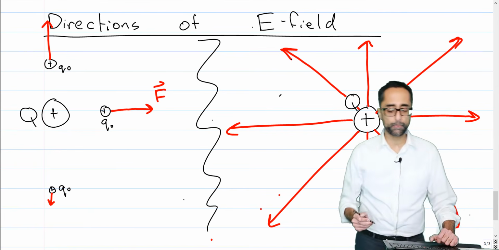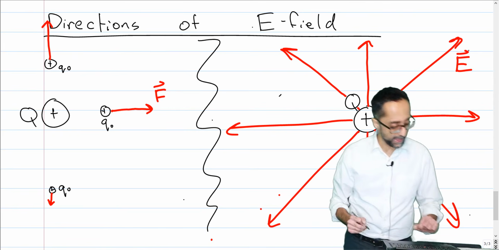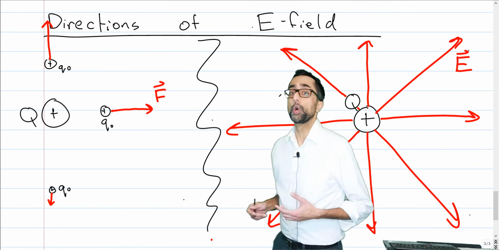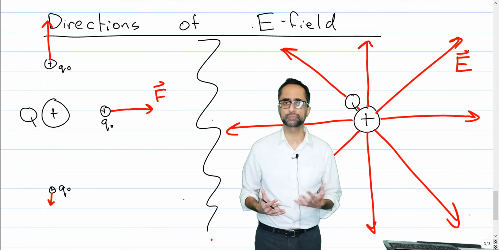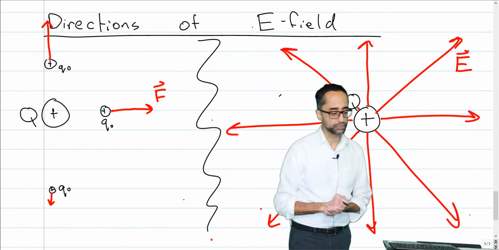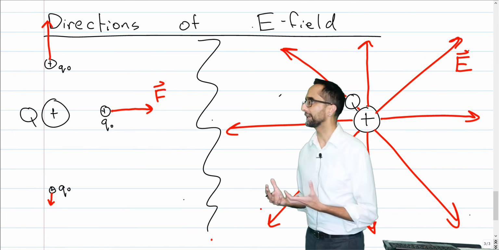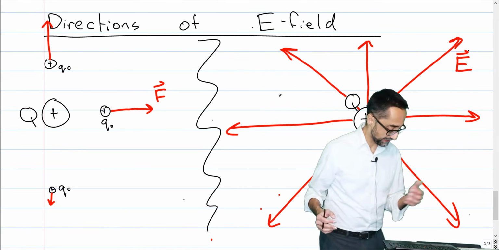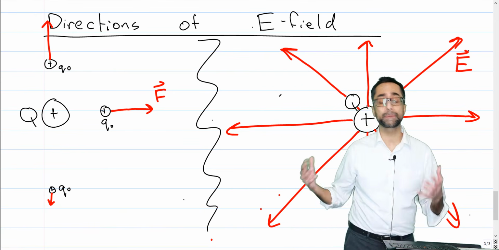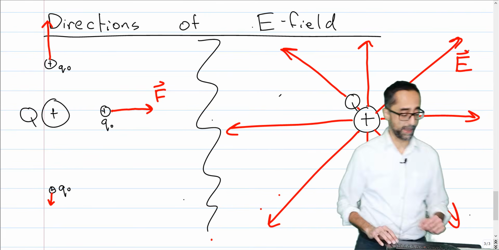And so that represents the electric field. We used our test charges as kind of like tracers. They traced the direction of the electric field, but we know that electric field isn't just occurring where our positive charges are, it's happening everywhere, and so we can draw this electric field around it.